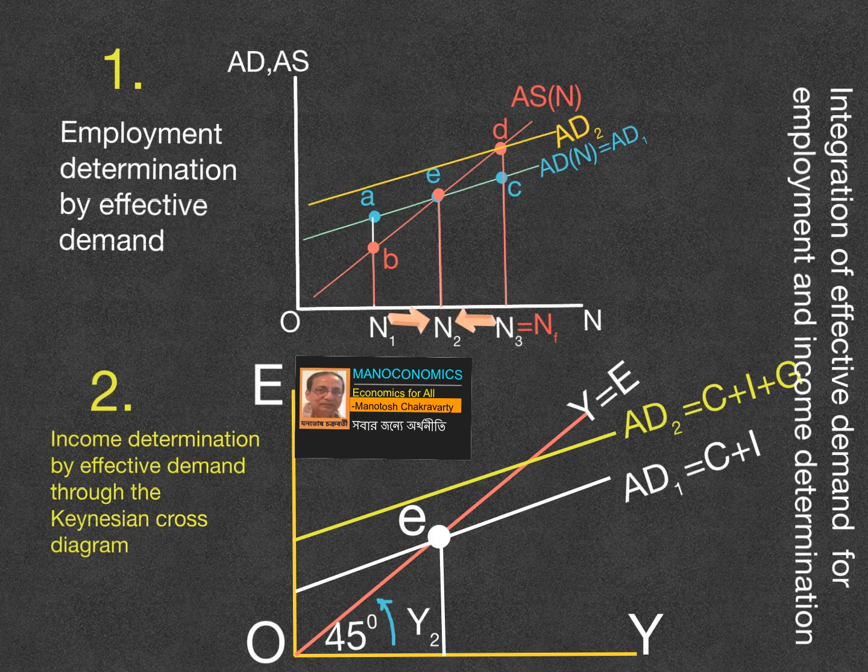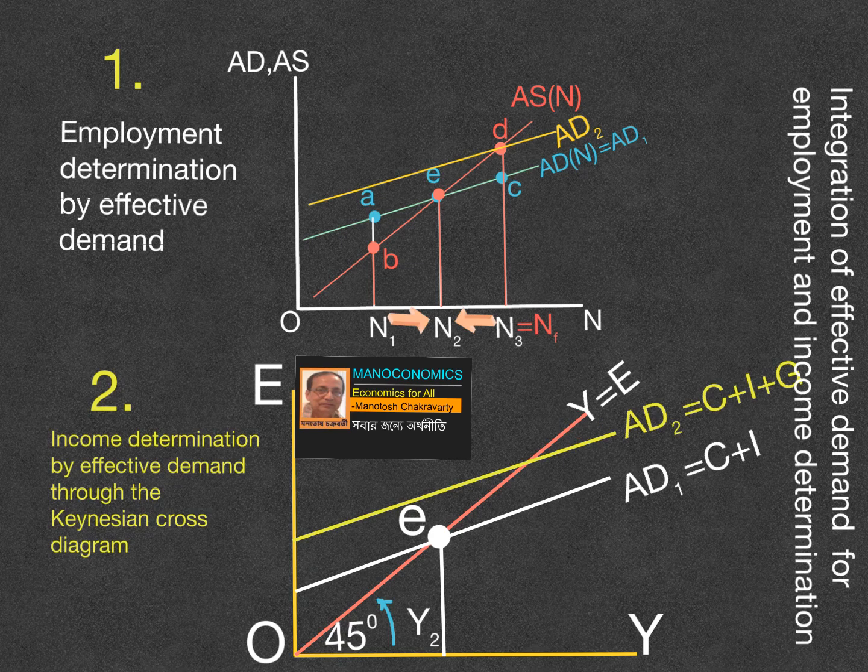If government expenditure or the government's economic participation is undertaken, then the aggregate demand curve, that is, the aggregate spending curve, will be shifted upwards, and it will be AD2.